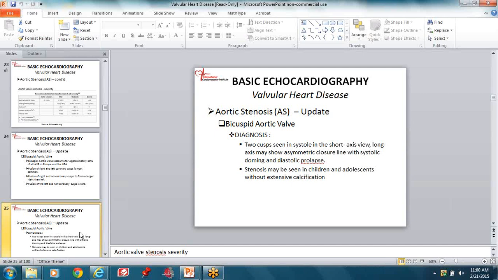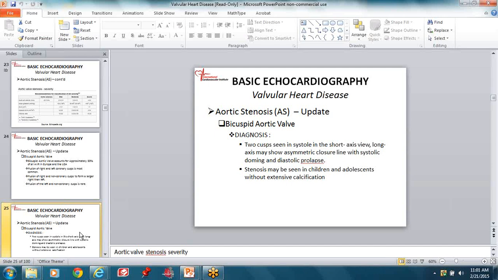Important though, remember we said that in the United States and Europe, it accounts for about 50% of patients going for aortic valve replacement. And over time, if you evaluate someone in their 50s and 60s, you get heavy calcification of the valve because of abnormal flow dynamics.